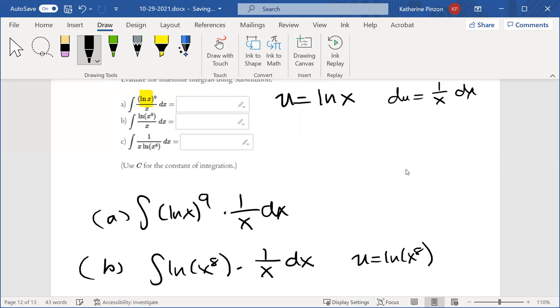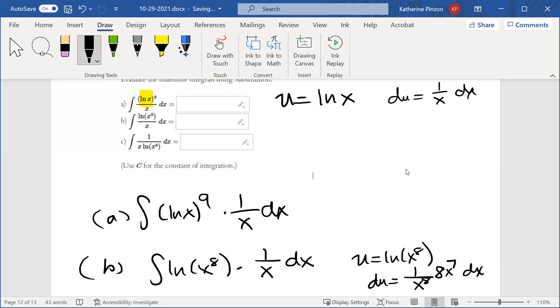I have to pick the 8 because it's inside the natural log, right? I didn't have to pick the 9 here because the natural log was being raised to the 9th. So I have to put the 8 inside my u. What's the derivative of that guy? 1 over x to the 8th times 8x to the 7th.